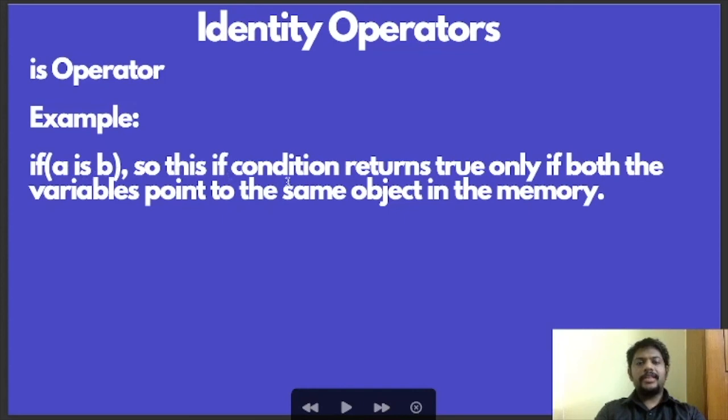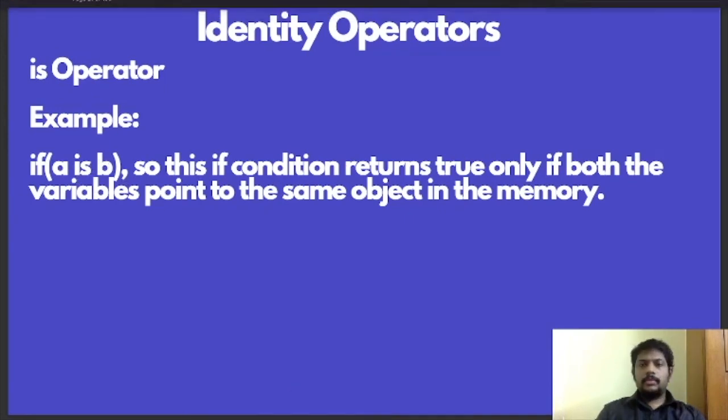This if condition will return true only when both the variables a and b are pointing to the same object in the memory. When both the variables a and b are pointing to the same object in the memory, then only this a is b will hold true.